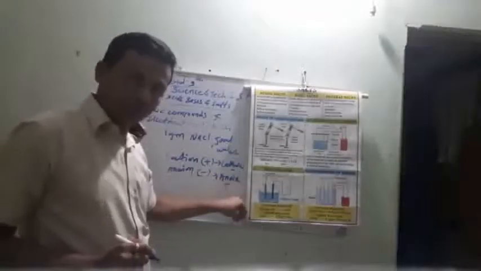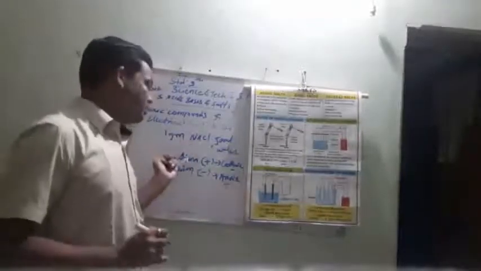So cations are attracted towards the cathode and anions are attracted towards the anode.